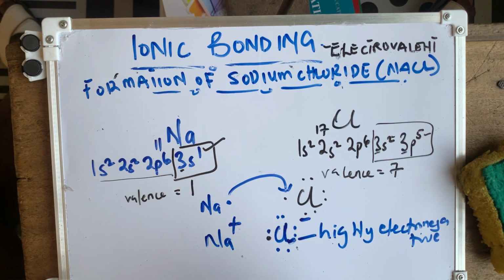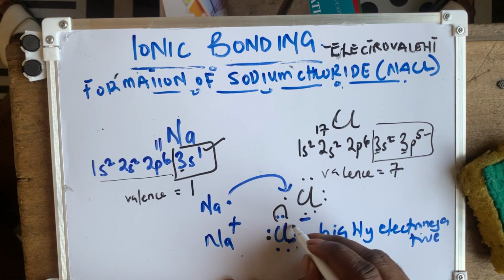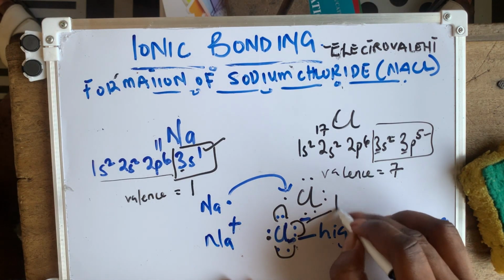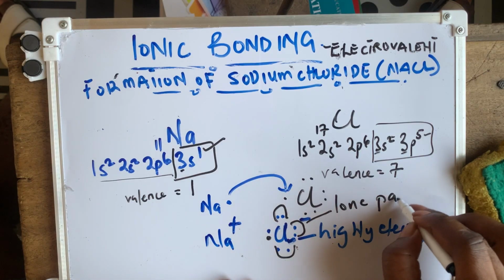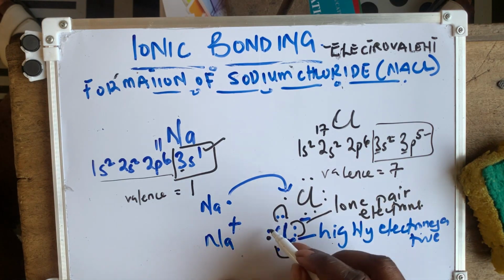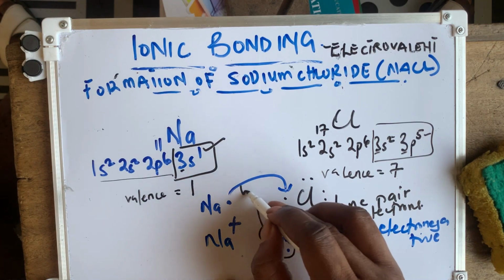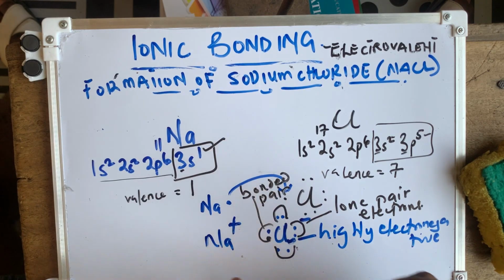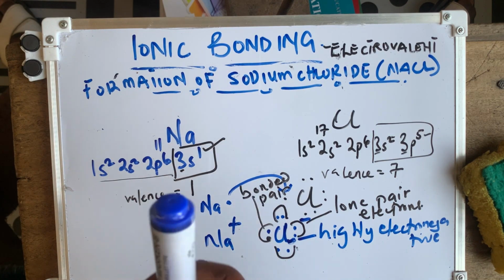All right, so now take note. These electrons here that did not take part in the bonding are called lone pair electrons. And the electron here that took part in the bonding is called the bonding pair electrons.